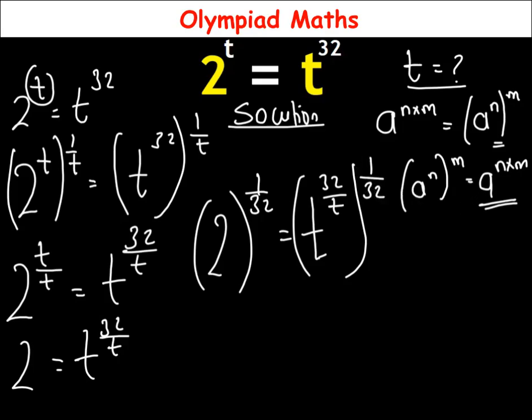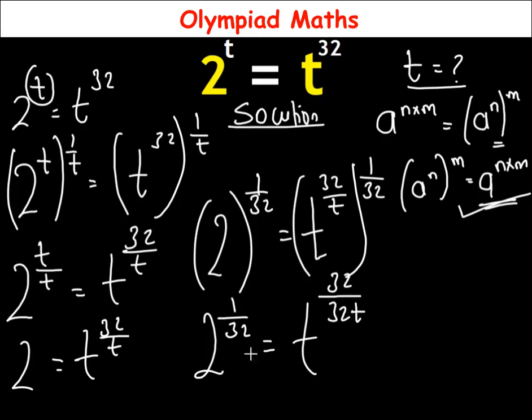Applying the same principle, 2 raised to power 1 over 32 is equal to t, then 32 times 1 is power 32, all over 32 times t, which is 32t. From here, we have 2 raised to power 1 over 32 is equal to t, then 32 cancels 32, you have 1 over t.